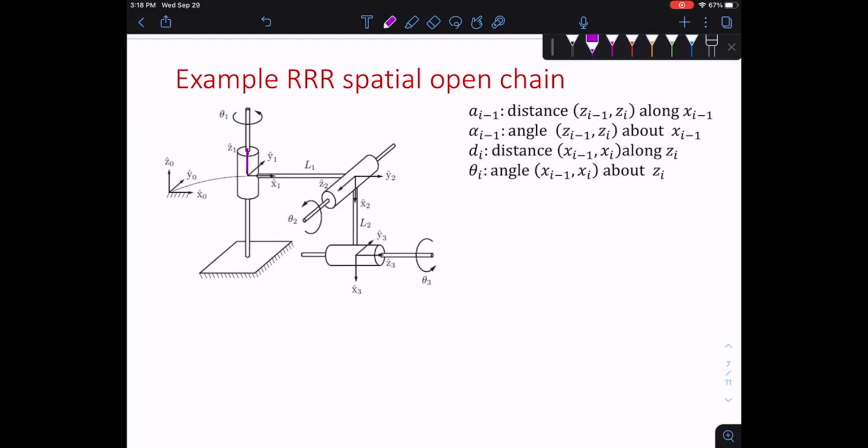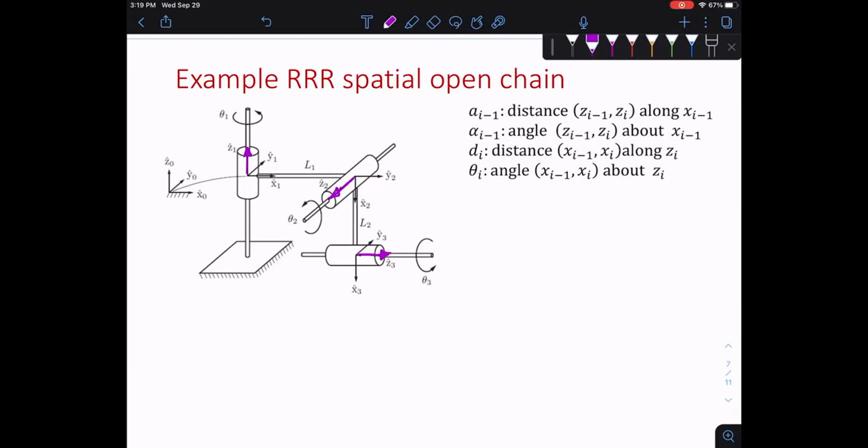So this is the Z1 axis, this is the Z2 axis, and this is Z3. It's already shown in the next example. We're going to learn how we can create the X axis now, but we go to the next step. We already have the frames. The next step is to create the parameters, so create the table.